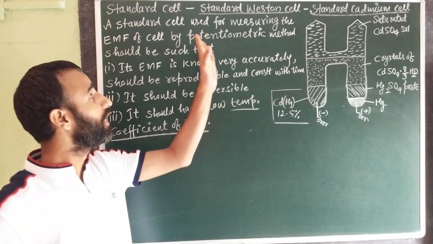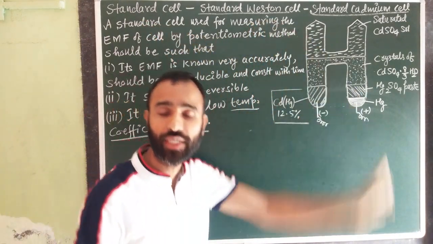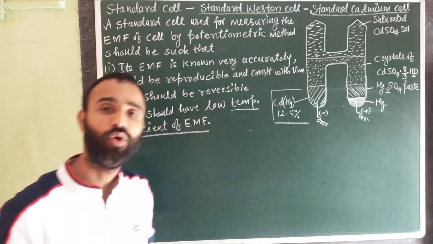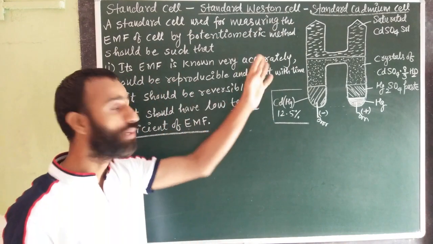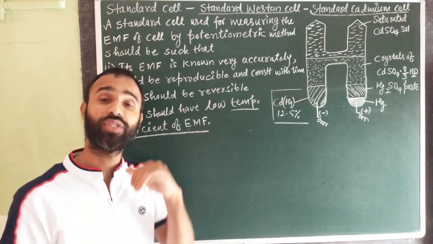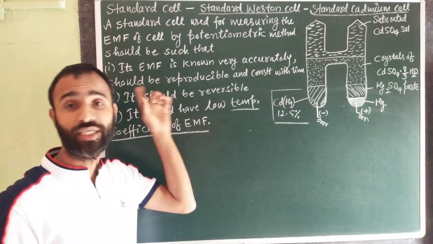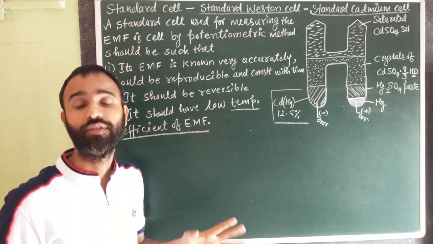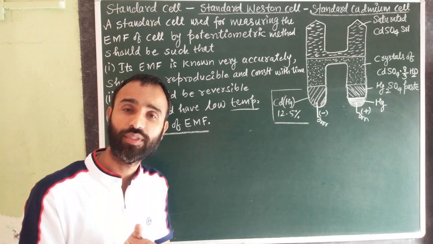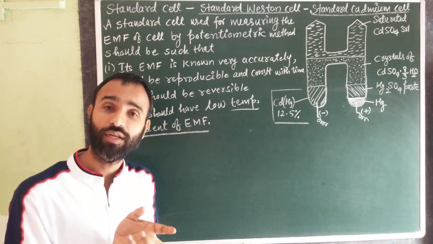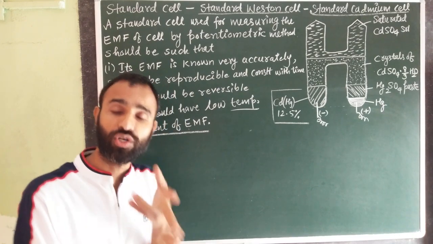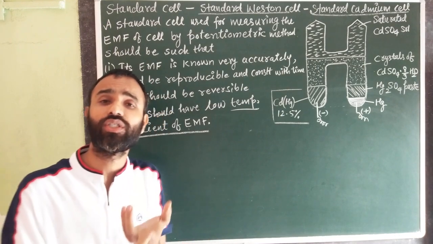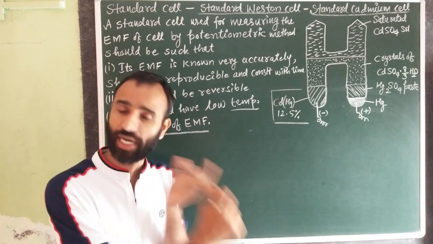What is a standard cell? It is used for measuring the EMF of a cell by the potentiometric method, and it should be such that its EMF is accurately known, reproducible, and constant with time. It does not change much with time, right?